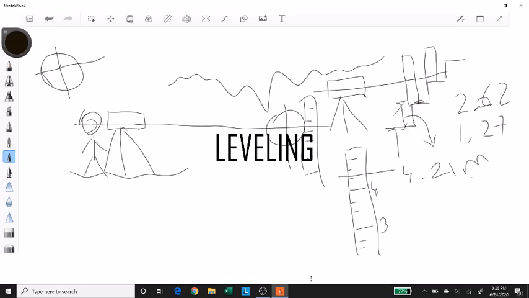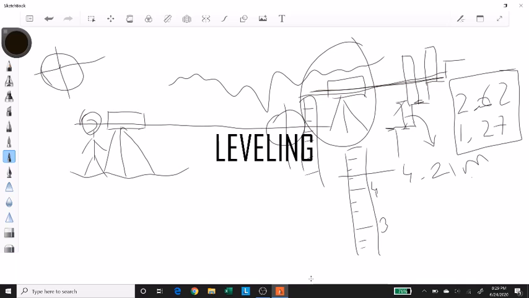1.27. So now this is where you can gain some perspective or find out a difference between two elevations, the elevation difference. Since your instrument has the same location, it has the same line of sight, it doesn't change for the two observations that you just made. So what changed was the location of your leveling staff.